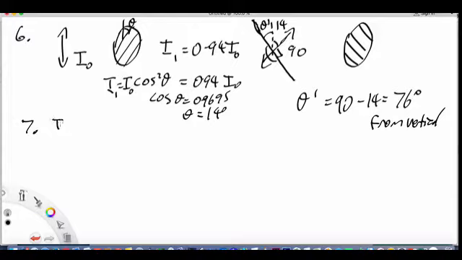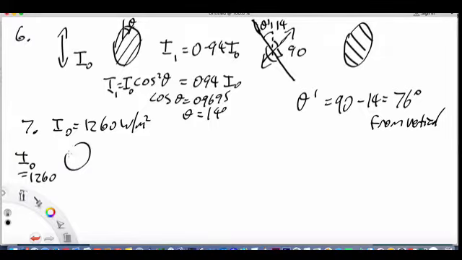Now, number 7, we have I naught is 1260 watts per square metre. So, we have I naught. We have a polarizer, and this is 15 degrees. Sorry, it doesn't look like 15, but that is 15 degrees.